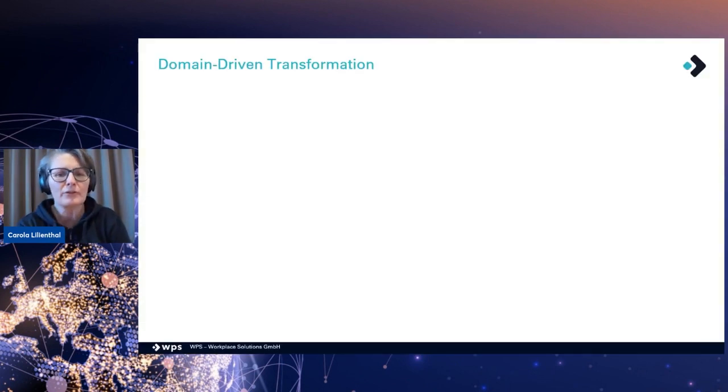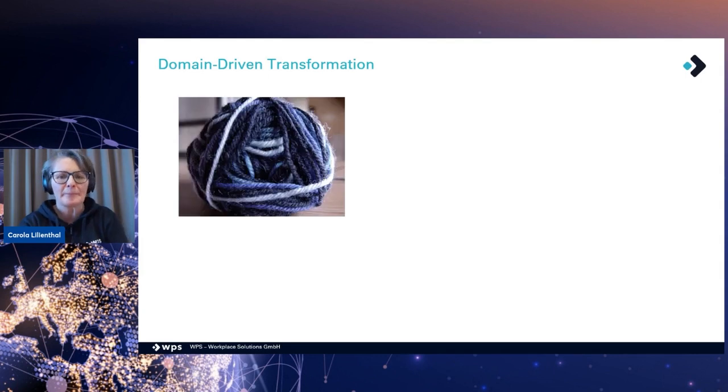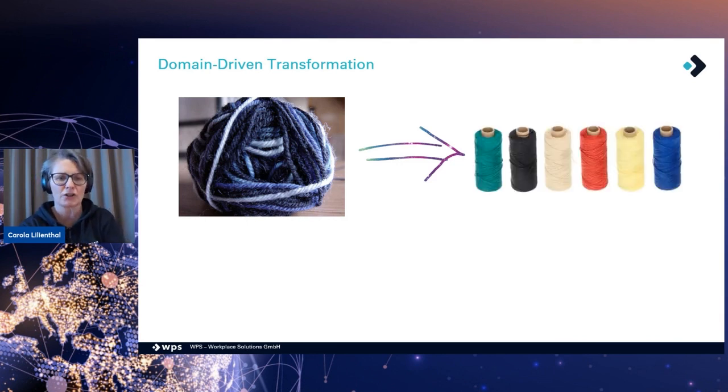With domain-driven transformation, we have described a method that provides guidance for the decomposition of a big ball of mud and for the transformation to a modular architecture. The domain-driven transformation consists of 4 steps at the strategy level.